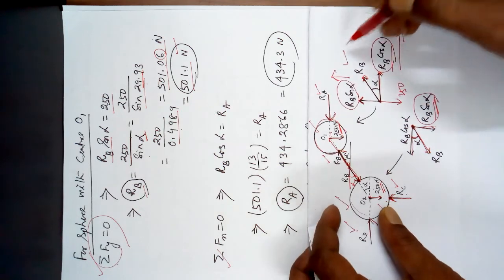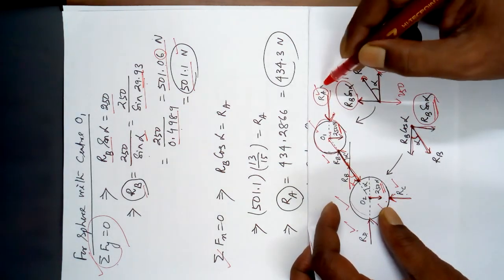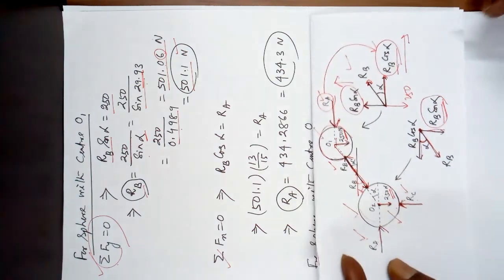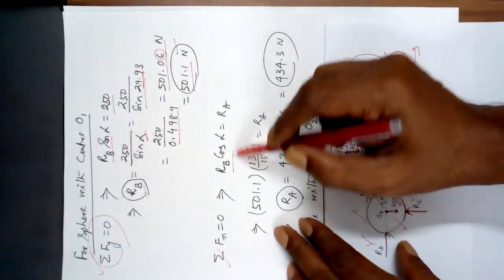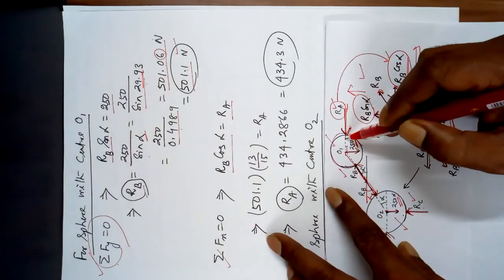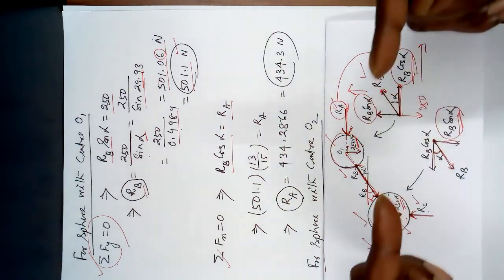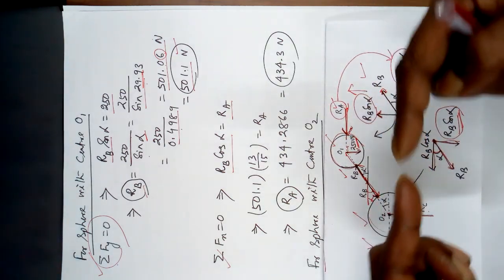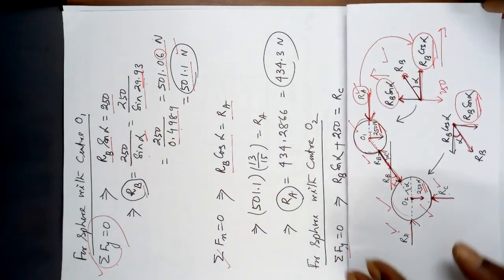And to the negative x-axis side is RA. So these two must be equal: RB cos alpha is equal to RA. They are equal and opposite, so they cancel and the net force will be 0.